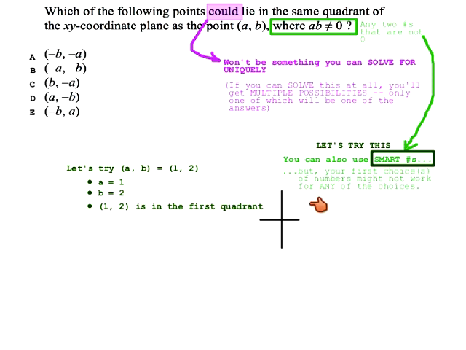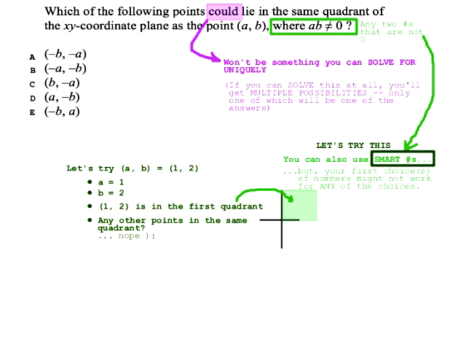It's first, second, third, fourth, but you're not responsible for that. I'm just using it because I have to talk about it out loud. So the question becomes any other points in this quadrant. But if you look at these choices, none of them are, right? Because all the answer choices have negative numbers in them. So unfortunately, this does not fly.